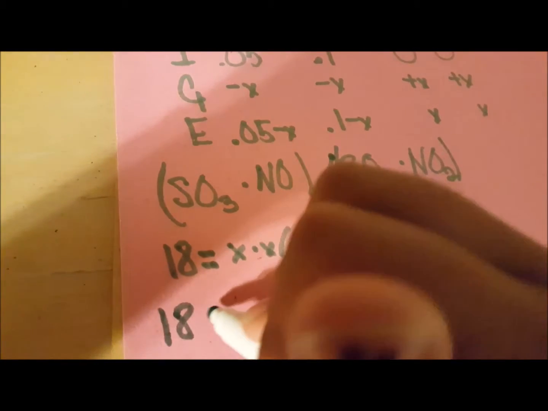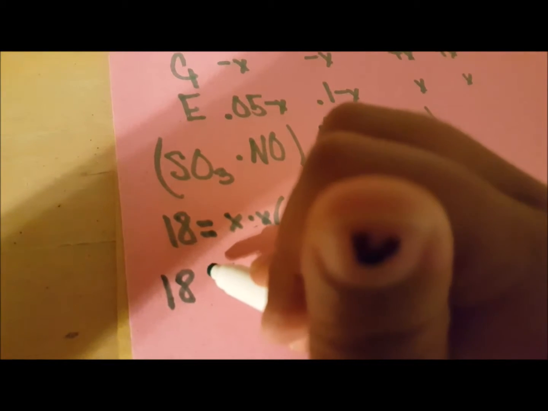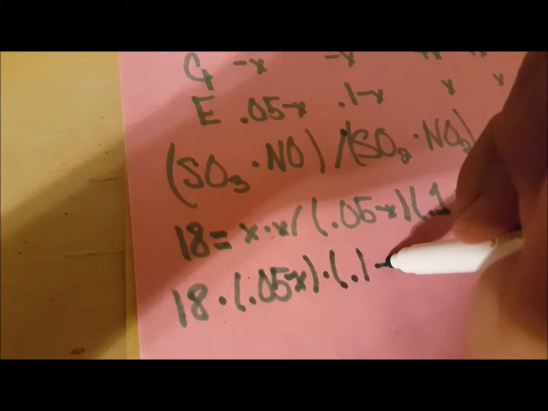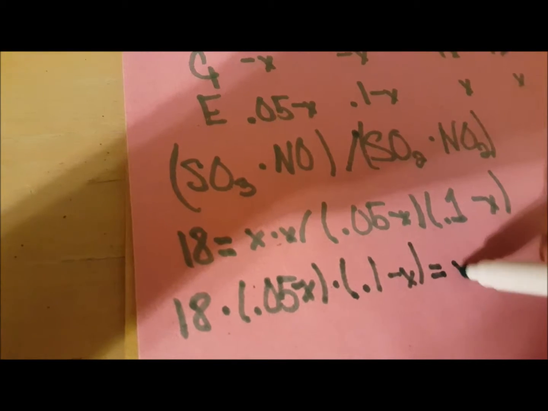From that, we can simplify this equation into 18 times 0.05 minus x times 0.1 minus x is equal to x squared.